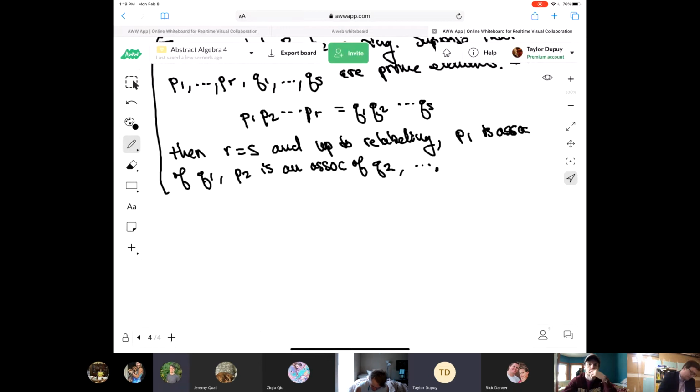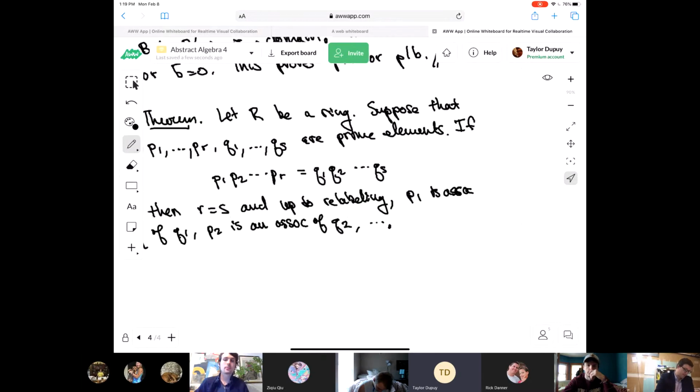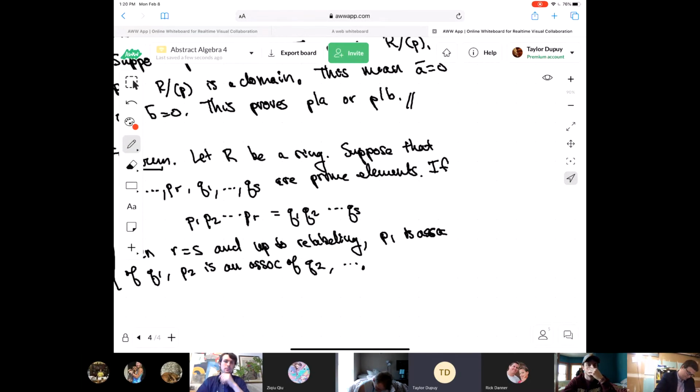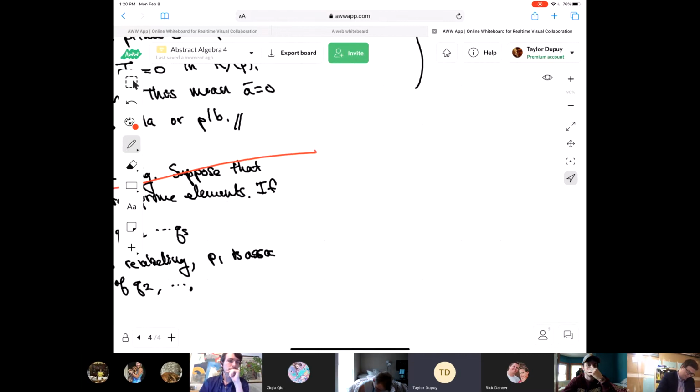Let's do the proof. These prime elements don't have to be distinct; there can be repeats.